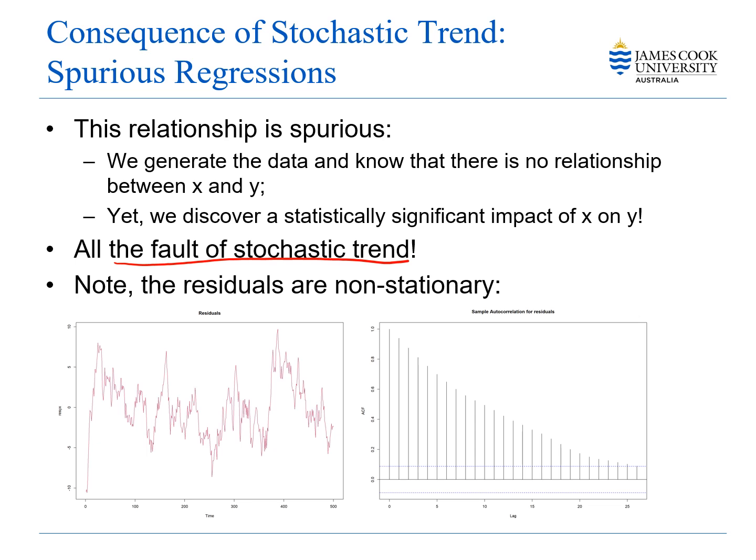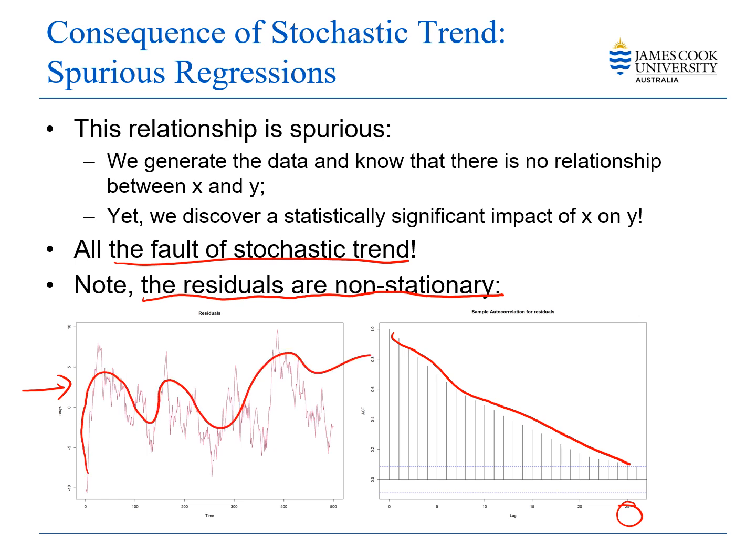Okay. And if after the regression we predict the residuals, we're going to find that the residuals themselves are non-stationary. This is the residuals plot. It is quite persistent up to almost 25 lags, and it also kind of wanders around with really no pattern.